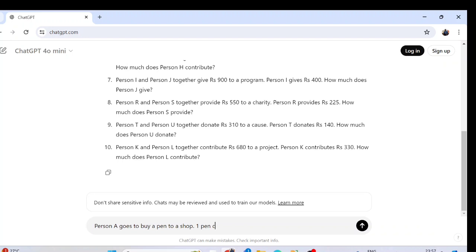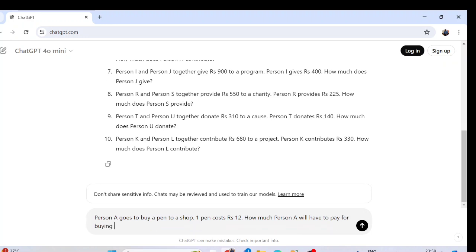One pen costs Rs 12. How much will person A have to pay for buying 9 pens? Okay, this is the question.